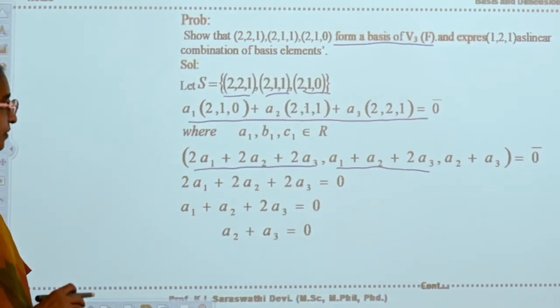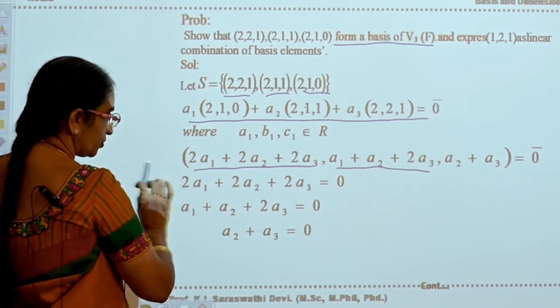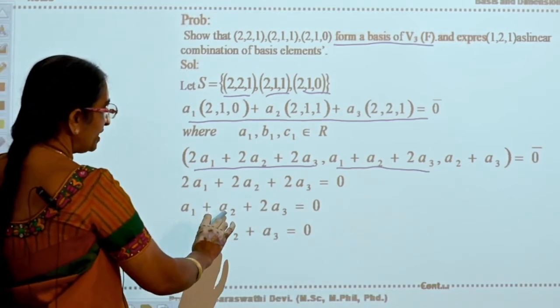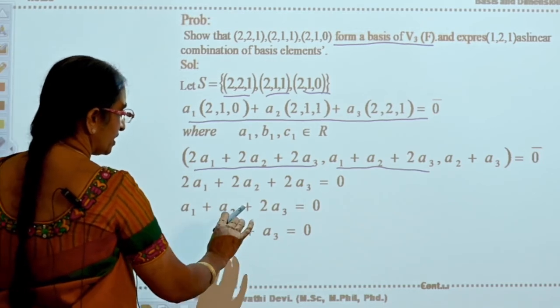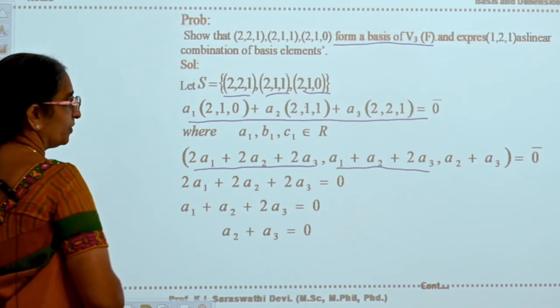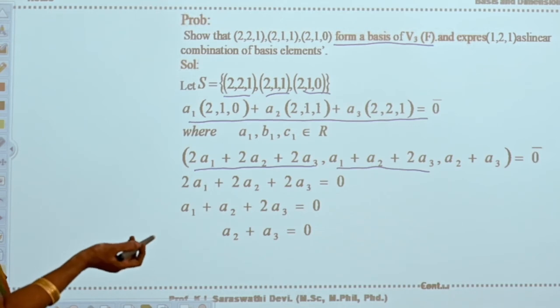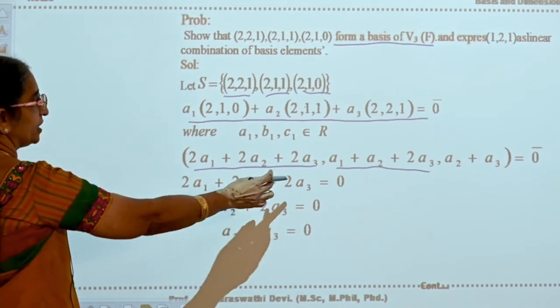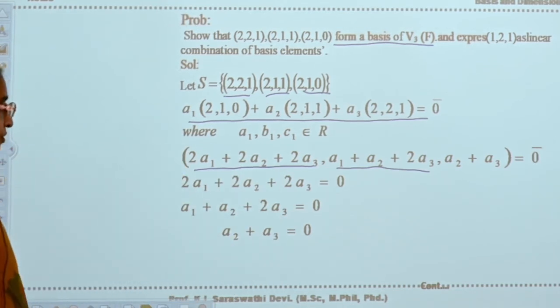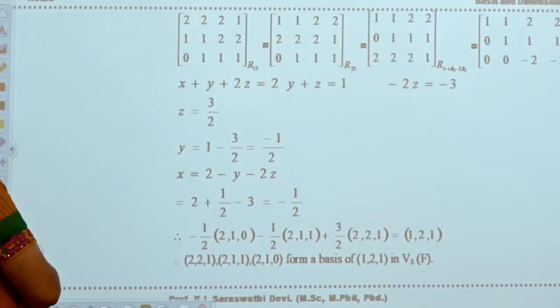Equate all of them to 0. Now if you equate and solve, a2 is equal to minus a3. If you substitute here minus a3, so a1 is equal to minus a3 plus a3, that will be equal to minus a2 value, minus a3. So a1 is equal to minus a3 again. If you substitute the values here, you will get a3 is equal to 0. Since a3 is equal to 0, a2 is equal to 0 and a1 is equal to 0.